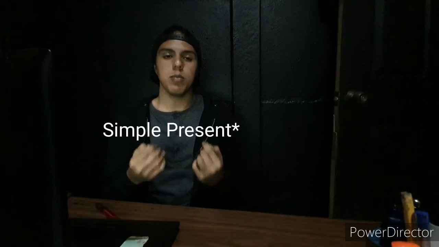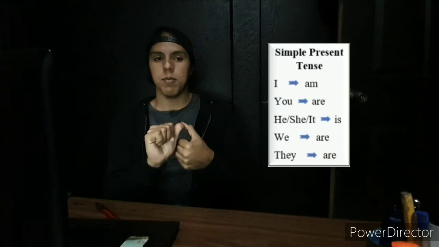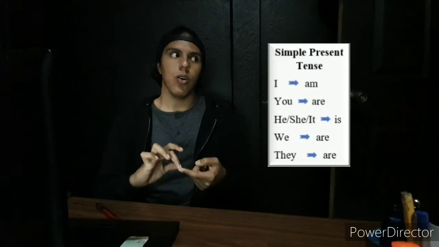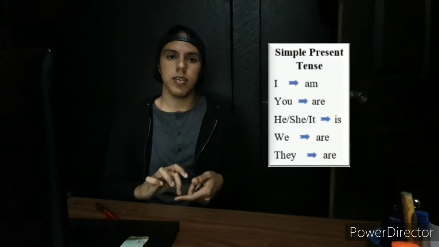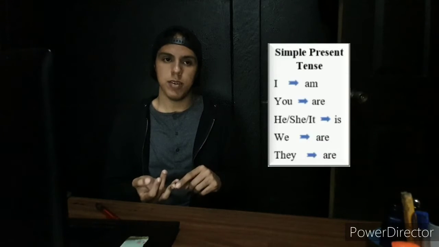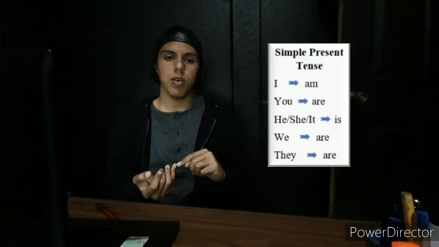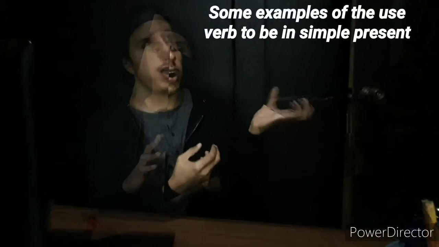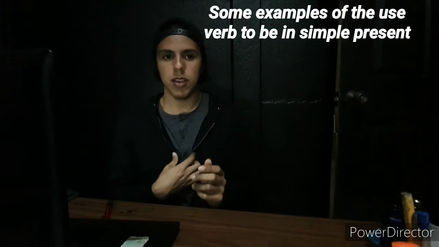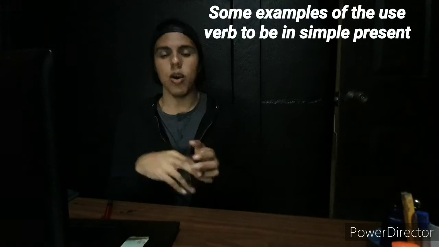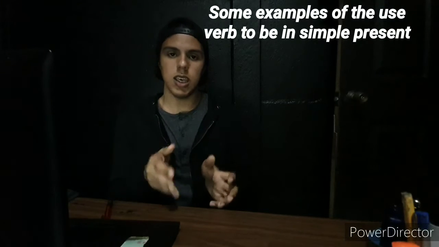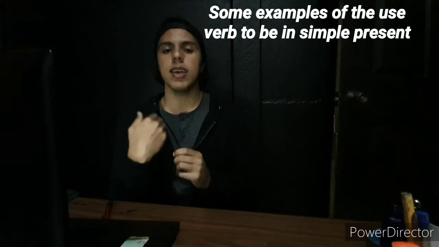But in the simple present, it must be like I am, you are, it, she, he, or Carla and Carlos is, they are, and we are, right? We use I am. I am a professor. With you, we say you are. You are a student. With she, he, or it, we use is.